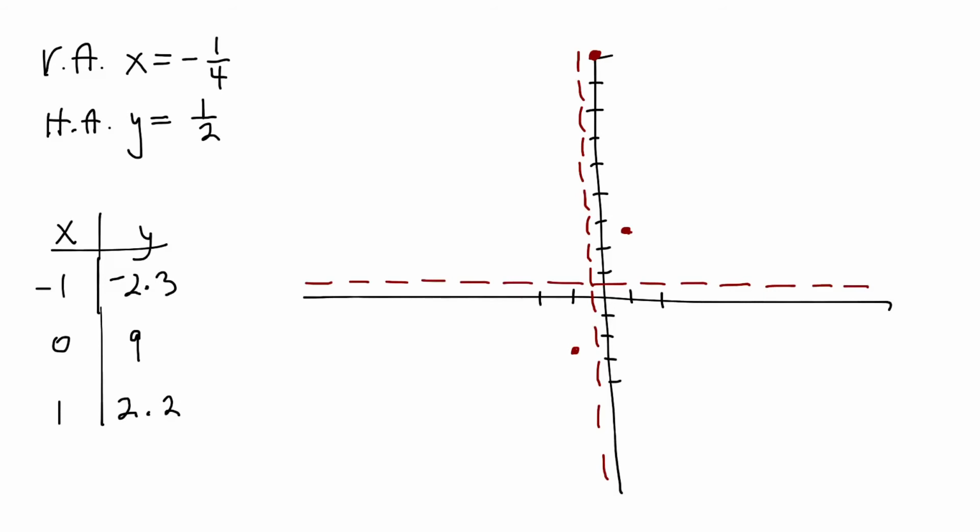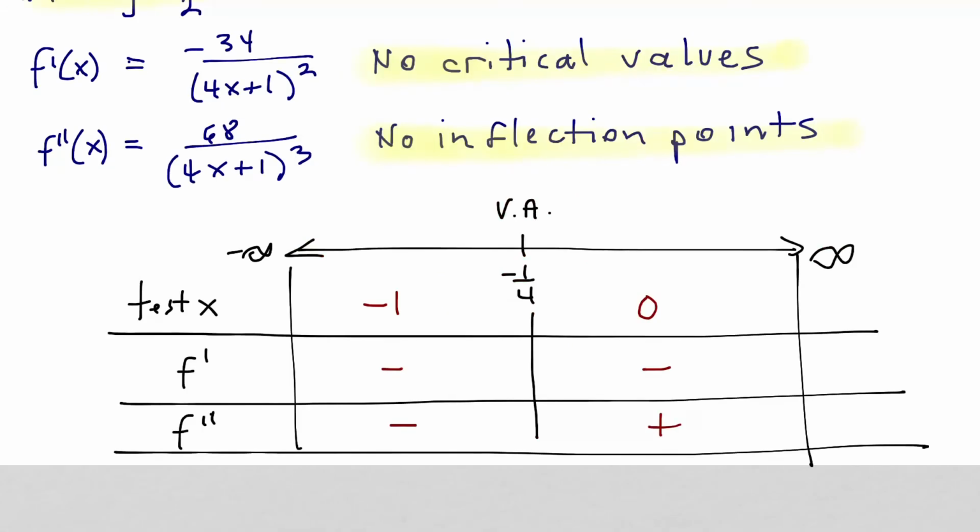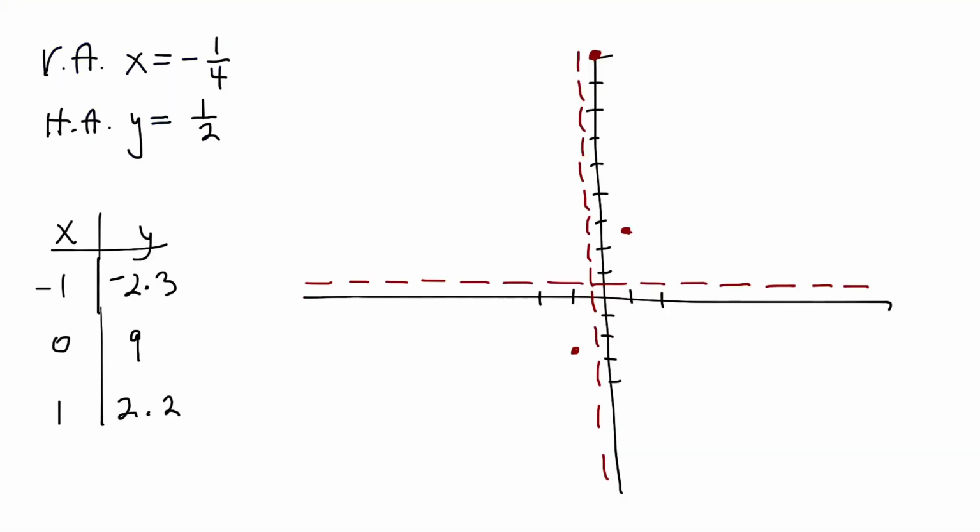So going back to the table, to the left of the vertical asymptote, I've got decreasing slope and concave down. So that would indicate that I'm going downhill and I'm concave down. So I'm going to go through that point, head for the asymptote.